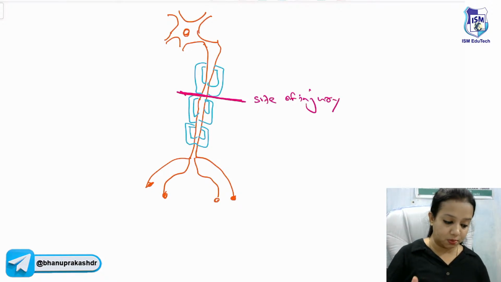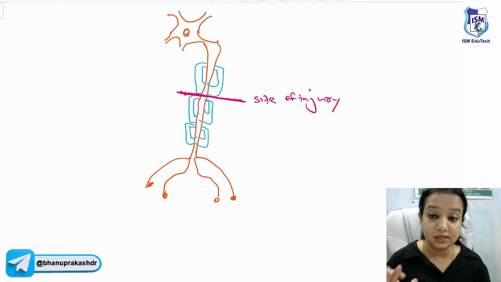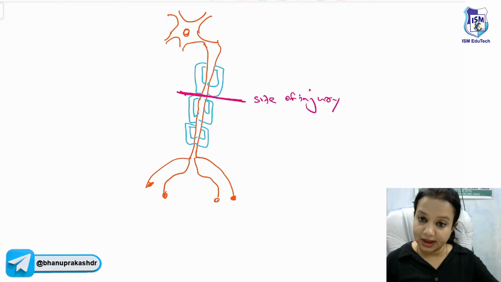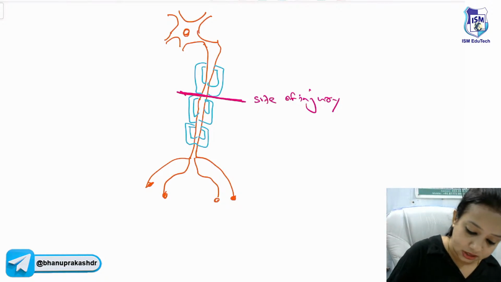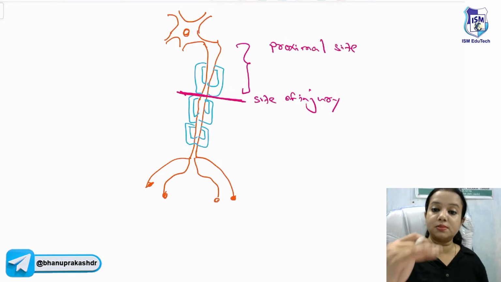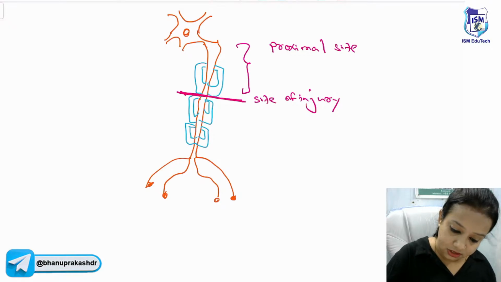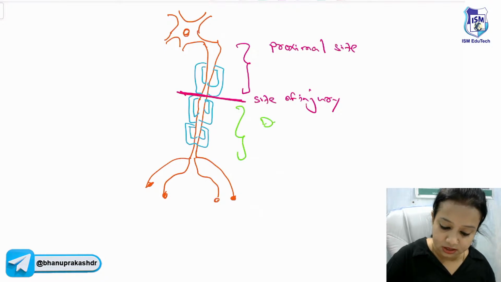Okay, now just above the site of injury and below the site of injury, there will be certain physical as well as certain chemical changes. The area which is above the site of injury, that is upward, is called the proximal site, and the site which is just below the point of injury is called the distal site.